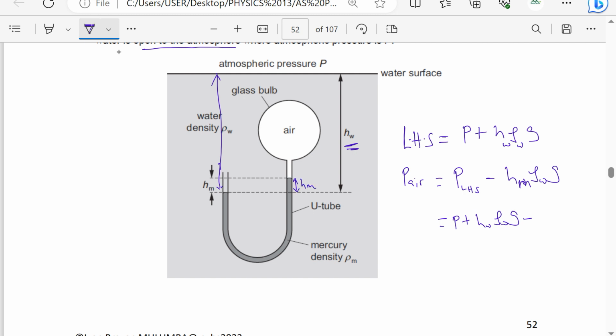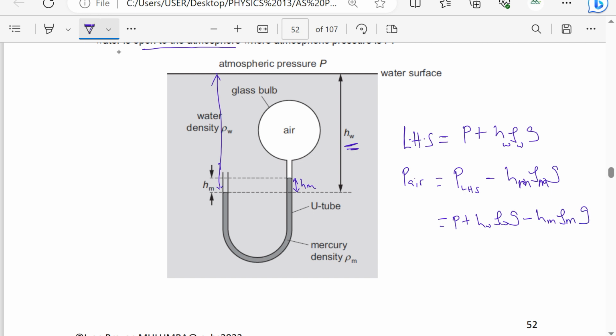And of course inside the tube we have mercury, so this is density of mercury. So this is going to be minus hM ρM g.